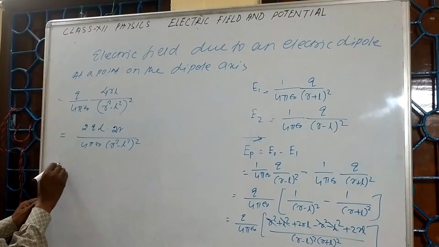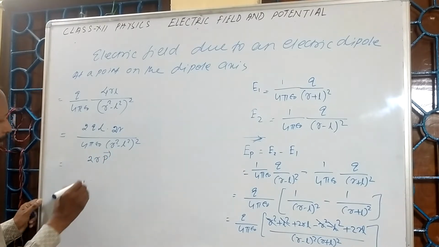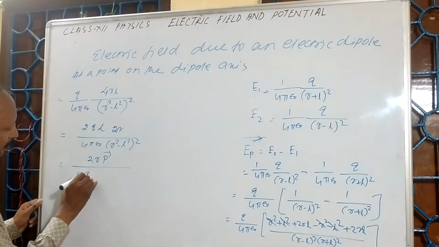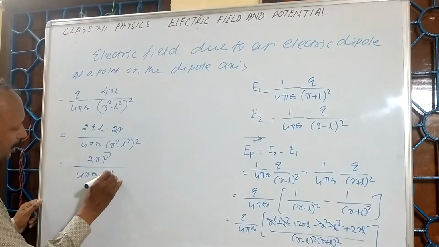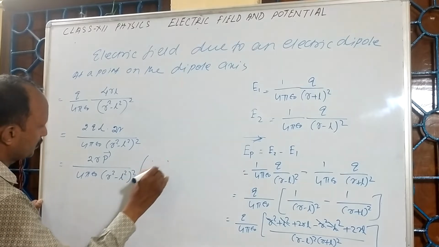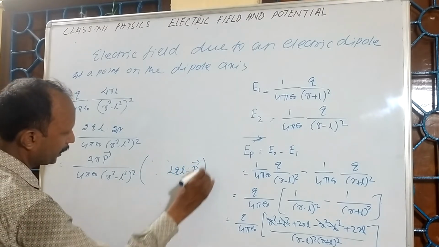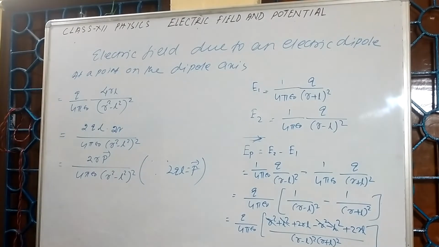So I can say that this is 2rp divided by 4 pi epsilon naught r square minus l square square, since 2ql is equal to electric dipole moment.